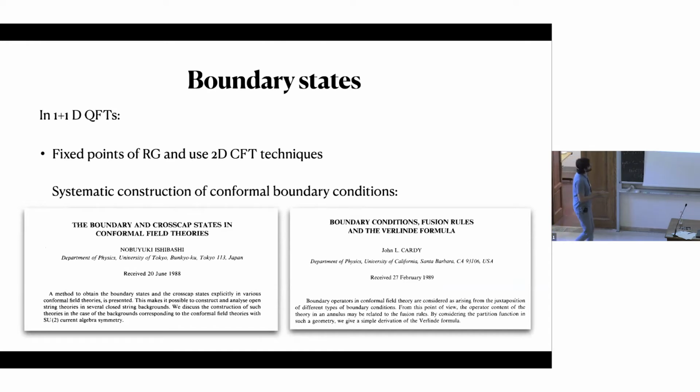For example, there are the famous works by Ishibashi and Cardy, where they define the general conditions to have a conformal boundary. These conditions are perfectly general, so you can apply them to specific models. For example, we now know all the boundary states for the minimal models. So that's one way of studying them: go to CFTs.